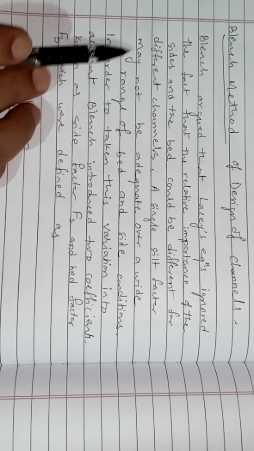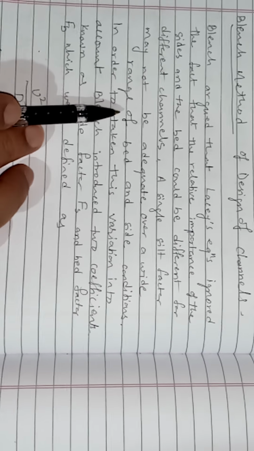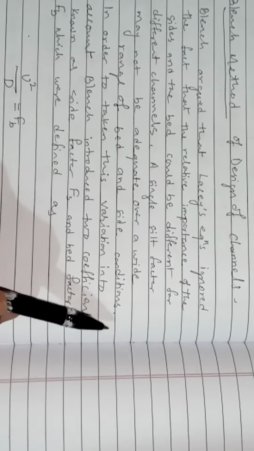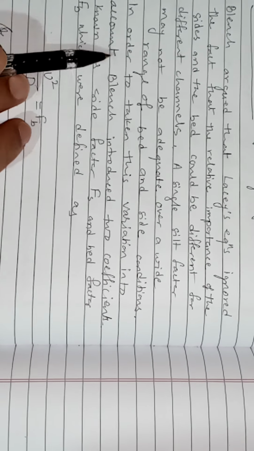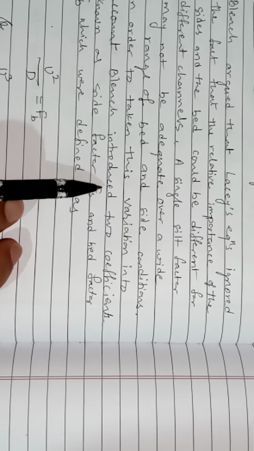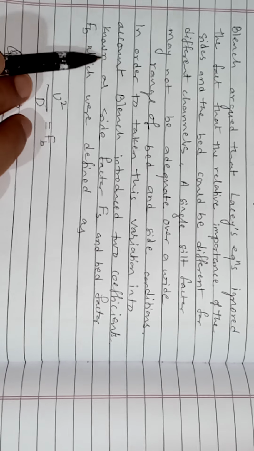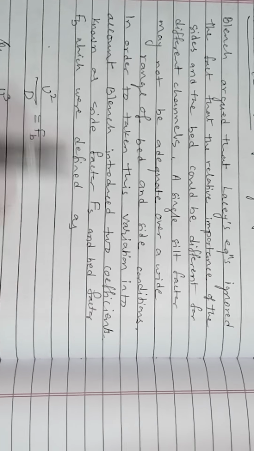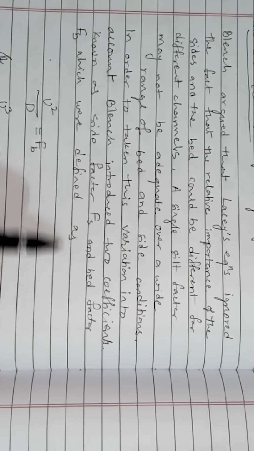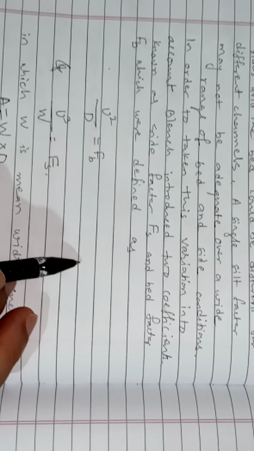A single silt factor may not be adequate over a wide range of bed and side conditions. In order to take this variation into account, Blench introduced two coefficients known as side factor Fs and the bed factor Fb, which were defined as given below.